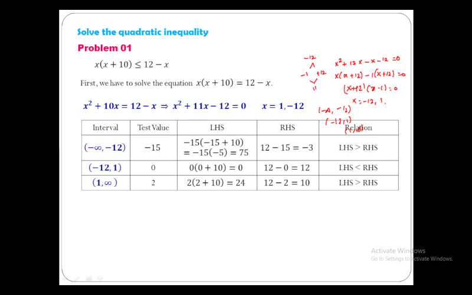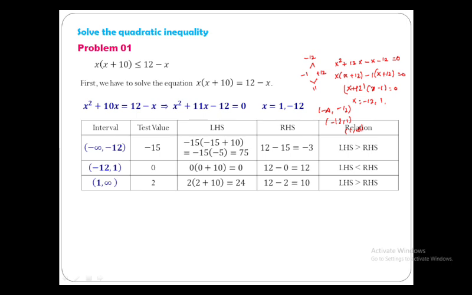Then we can choose the test value 0 for the interval minus 12 comma 1, and the left hand side value is 0 and RHS is 12. From this point we can know that LHS is less than RHS. Similarly for 1 comma infinity, here LHS is greater than RHS, so the solution is minus 12 comma 1.